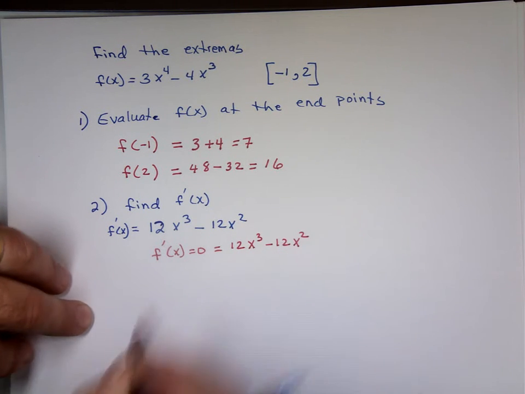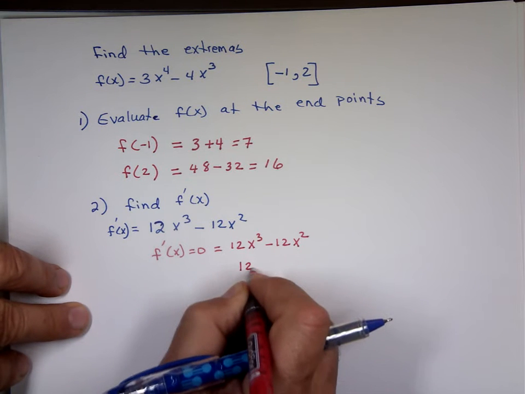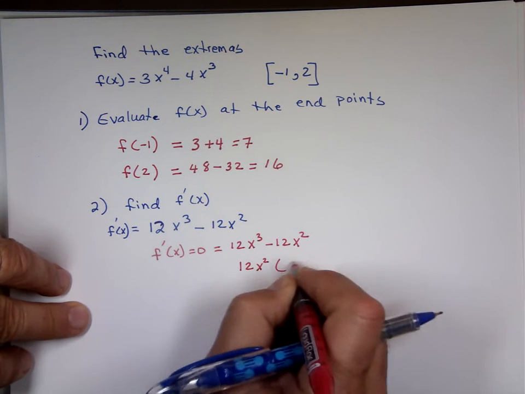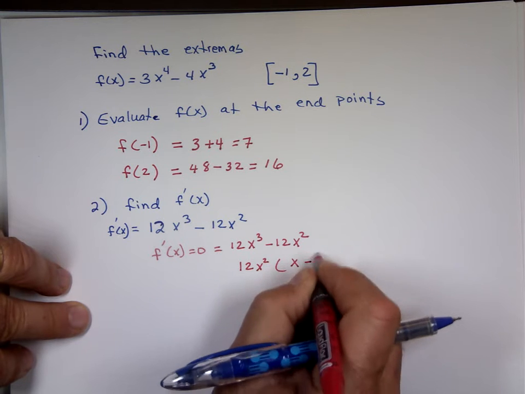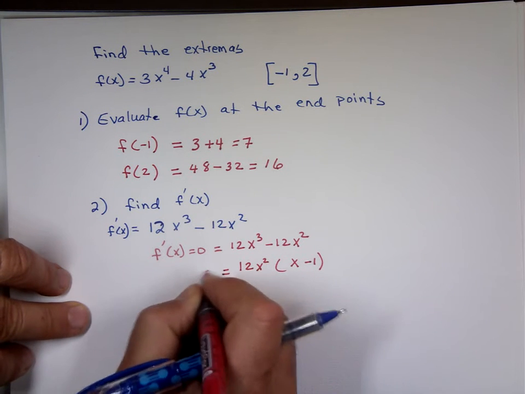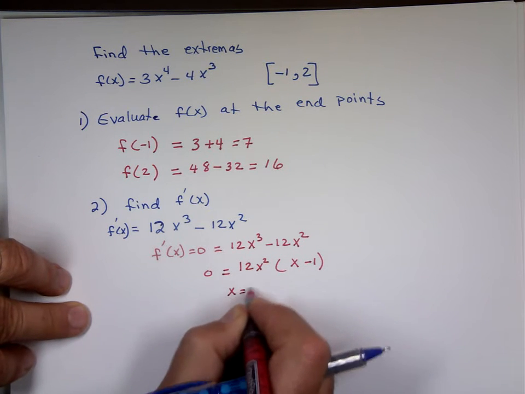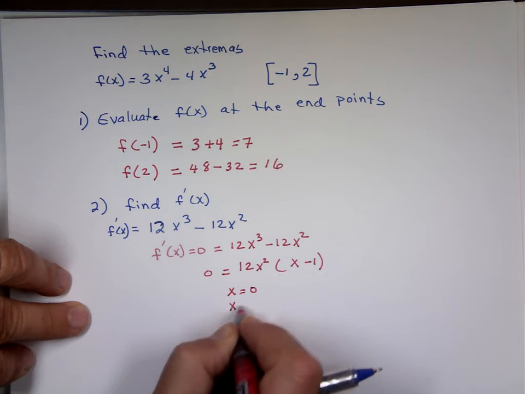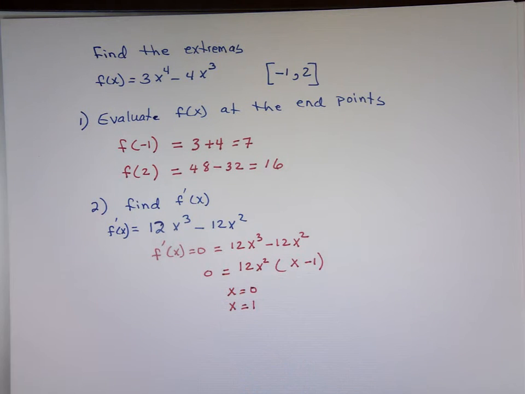You can factor out 12x squared. What's left? X minus 1. X will have to be 0. X will have to be what? 1. These are my critical values, critical numbers.